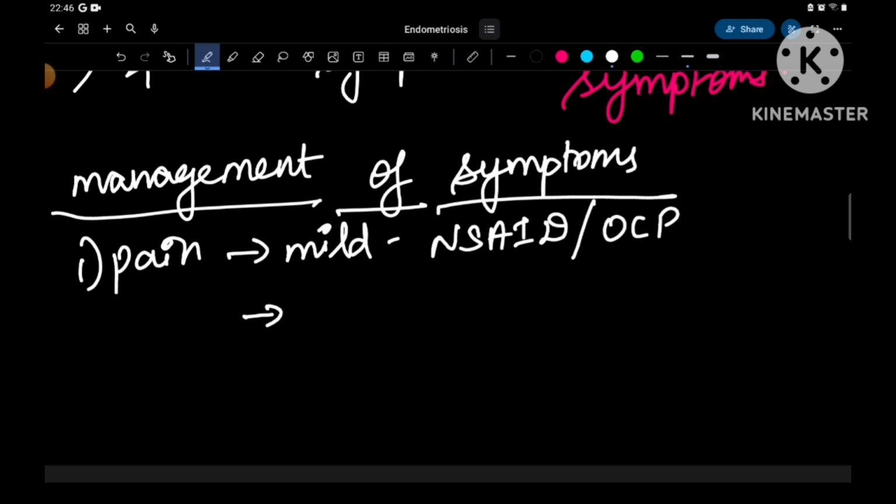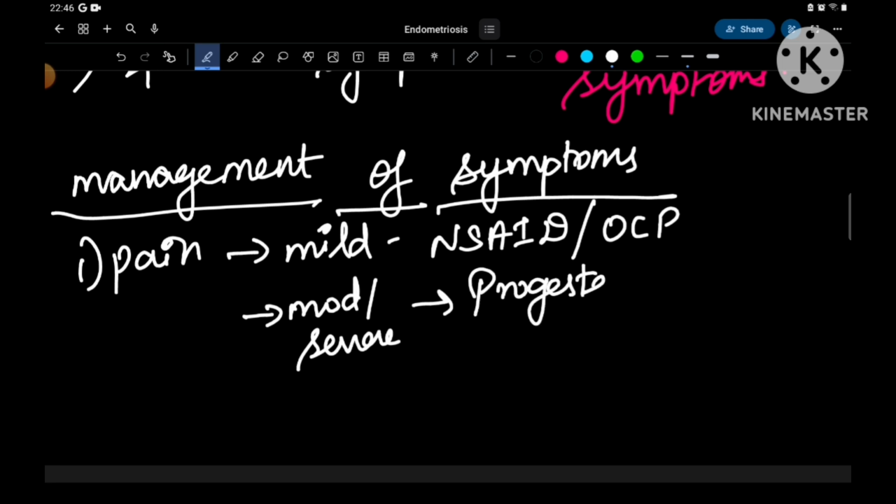For moderate or severe, what we will give is progestins. There are fourth generation progestins like norgestimate, and another called gestrinone. But basically progesterone is the cheapest thing, and GnRH is there.